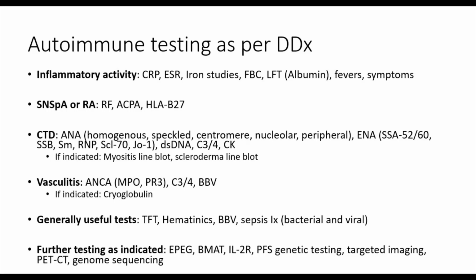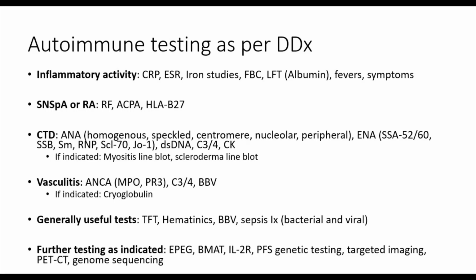If the diagnosis is still unclear, then further testing can be done as indicated, including serum electrophoresis and free light chain assay to look for underlying plasma cell dyscrasias, which can have features which overlap with autoimmune diseases, and a bone marrow aspirate and trephine to look for the presence of underlying hematological malignancies and disorders, including hemophagocytic lymphohistiocytosis.